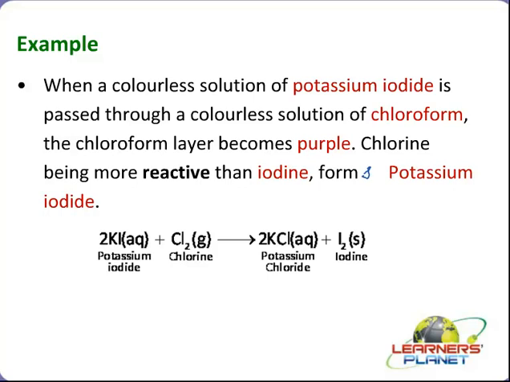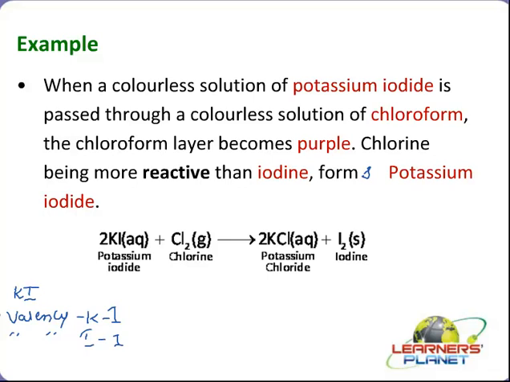Now what is the formula of chloroform? Here we have a few compounds, that is potassium iodide. What is the symbol of potassium? Potassium symbol is K. What is the symbol of iodine? I. What is the valency of potassium? Valency of potassium is 1. Valency of iodine is 1.